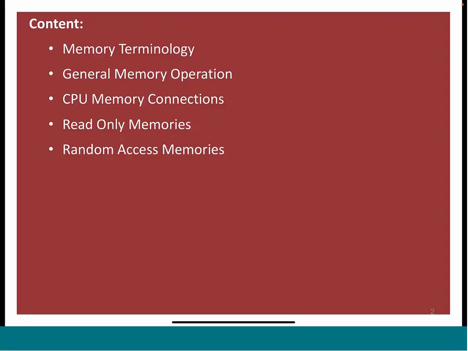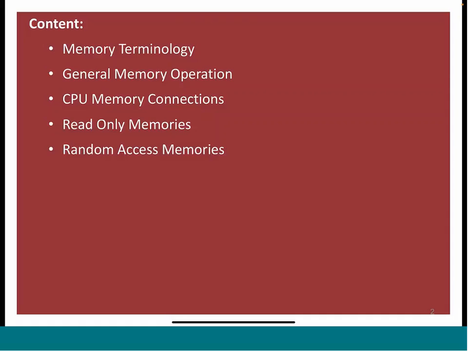So we start with some memory terminology, and then the operations that we can have in memory, which are basically read and write operations. And then we'll talk about how this device is connected to the microcontroller. Inside the microcontroller, we have the CPU, right?